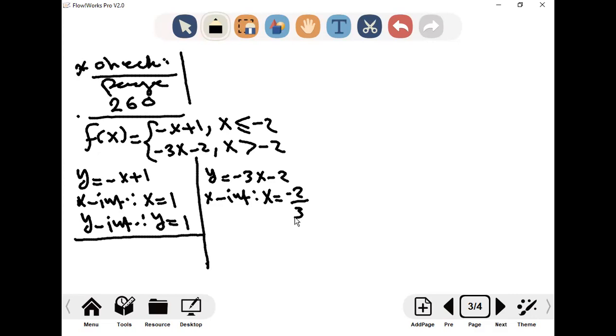Whatever, let's keep it as a fraction, or about negative 0.6. Now the y-intercept: x equals 0, y will be negative 2, right? I prepared the intercepts. Why? To graph them. Now we will go together to the coordinate plane.